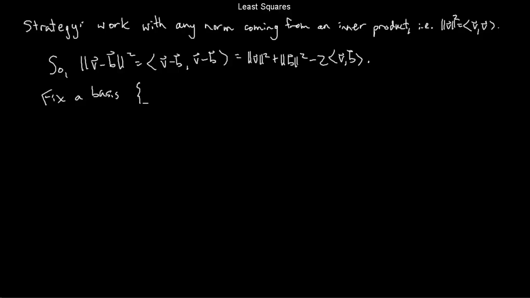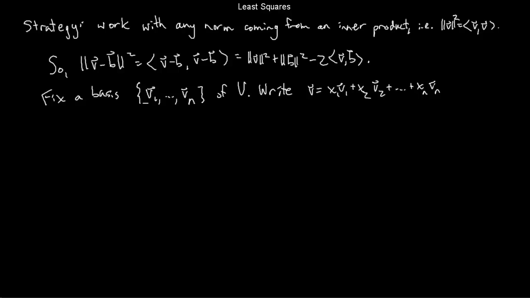So in order to go any further, let's fix a basis of the vector space V. That's the vector subspace of R^m, and let's say it is n-dimensional. So I can write my vector v, which is an arbitrary member of big V, in this basis, and I'm going to write it as x1 times v1 plus x2 times v2 plus, and so on, plus xn times vn.